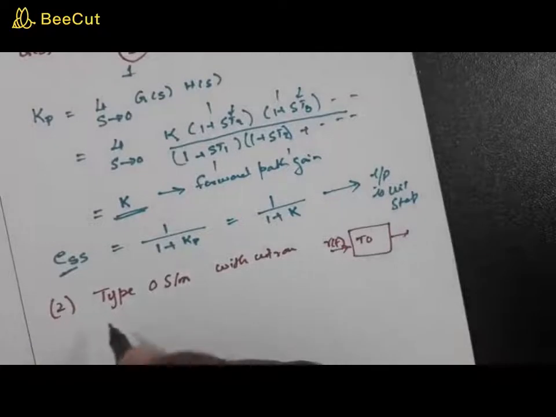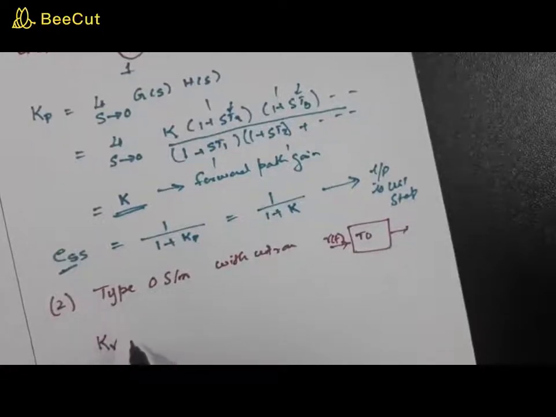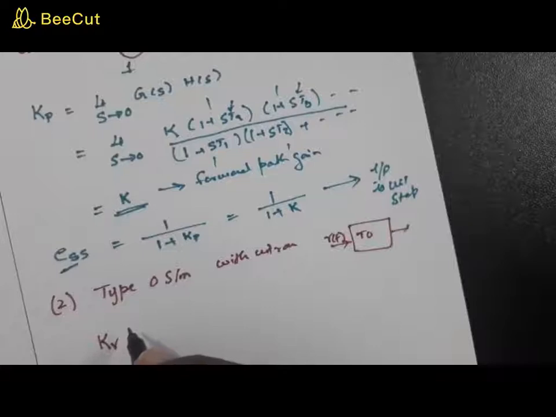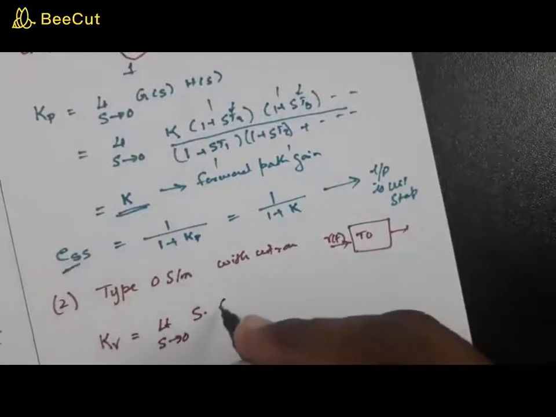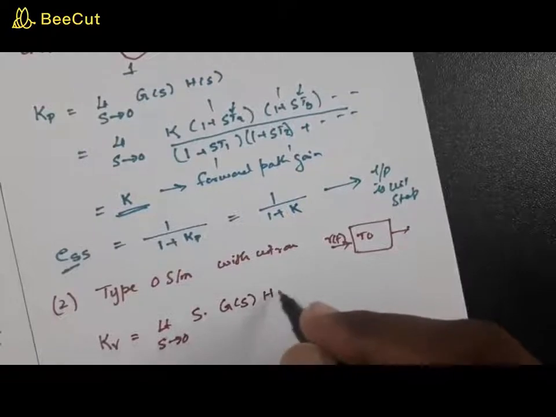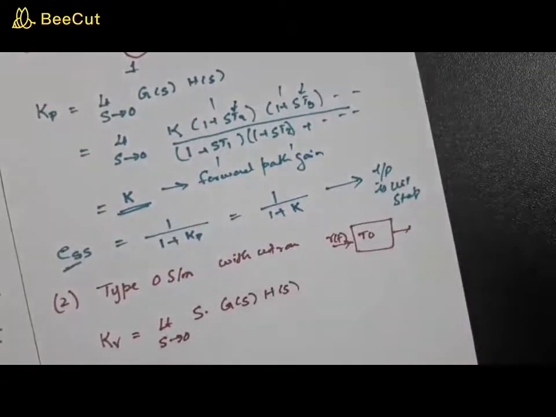We know that for r of t, we have defined something called kv, right? Kv, that is the velocity error coefficient, is equal to limit s tends to 0 of s into G(s)H(s), right? So hope you have an idea.